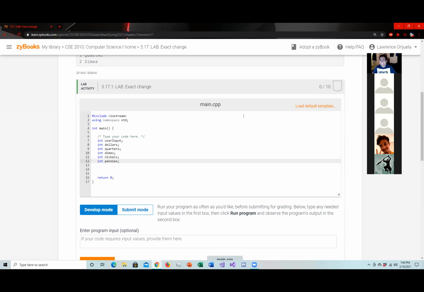So what's the very next thing we got to do? Well, obviously, the next thing we got to do is get the user input from the user, right? So let's see in user input, right?